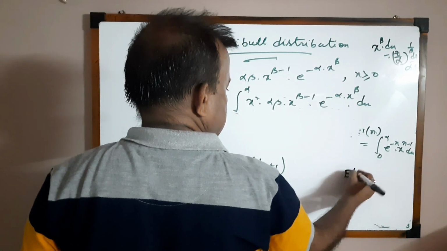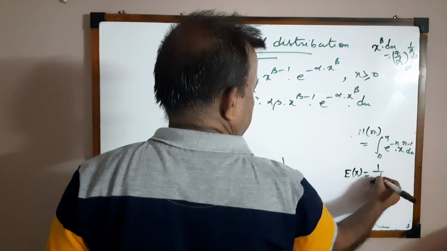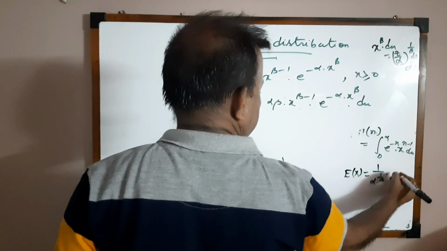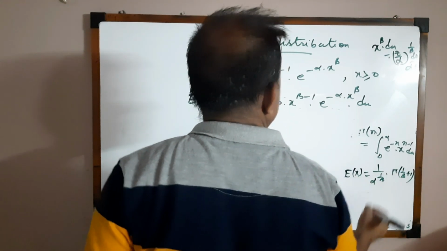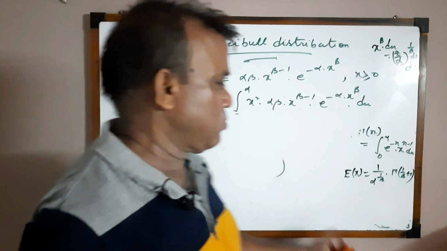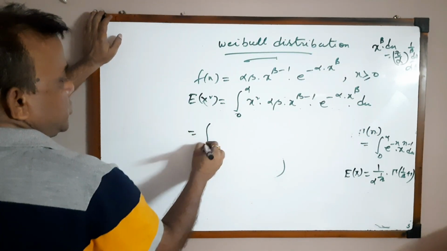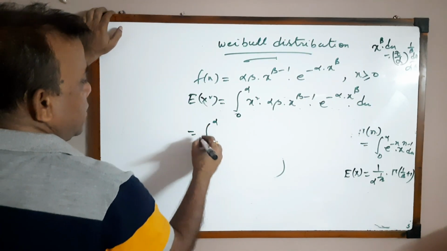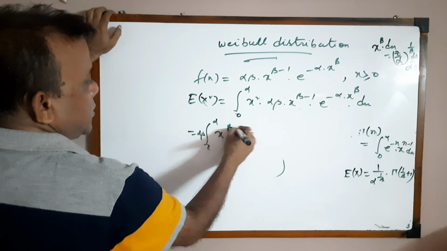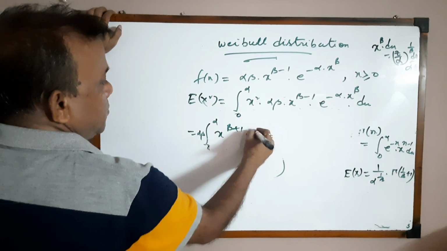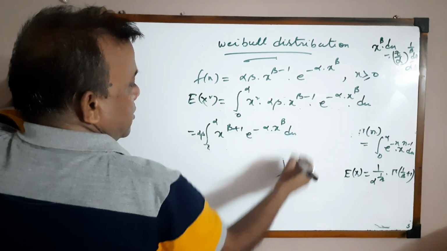Mean E(x) is equal to 1 by alpha to the power 1 by beta into gamma 1 by beta plus 1. Similarly, integration 0 to infinity alpha beta into x to the power beta plus 1 e to the power minus alpha into x to the power beta dx.